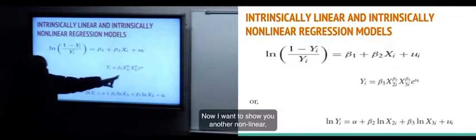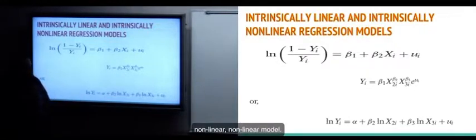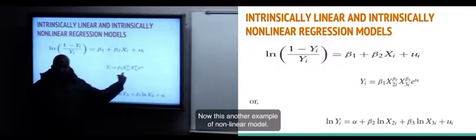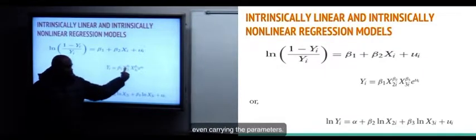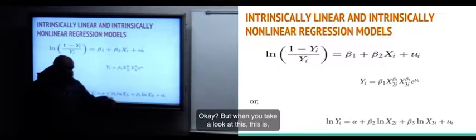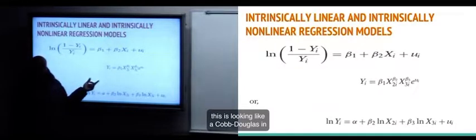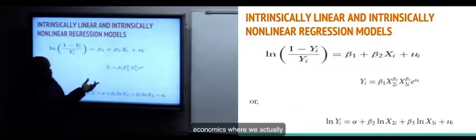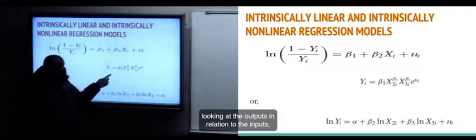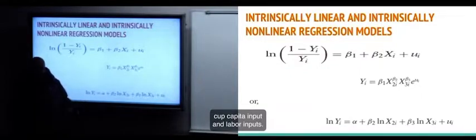Now I want to show you another non-linear model. This is another example of a non-linear model. You can see the exponents are even carrying the parameters. But when you take a look at this, it looks like a Cobb-Douglas in economics, where we look at the output in relation to the capital input and labor input.